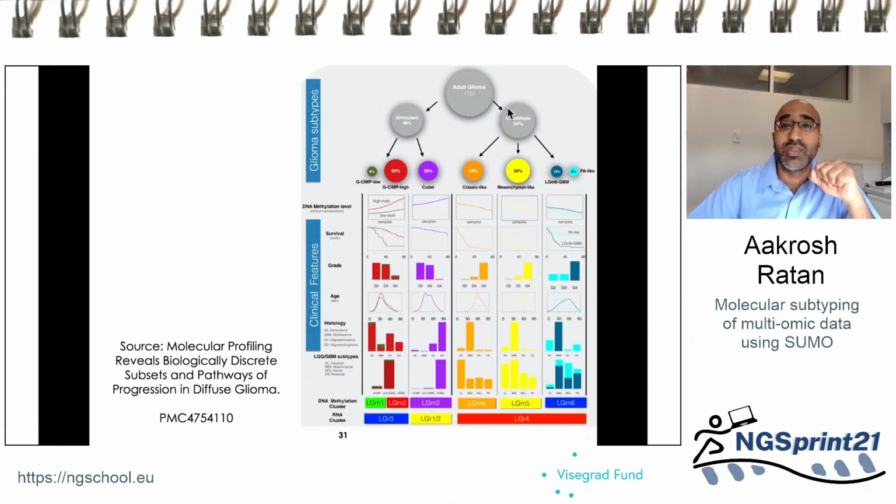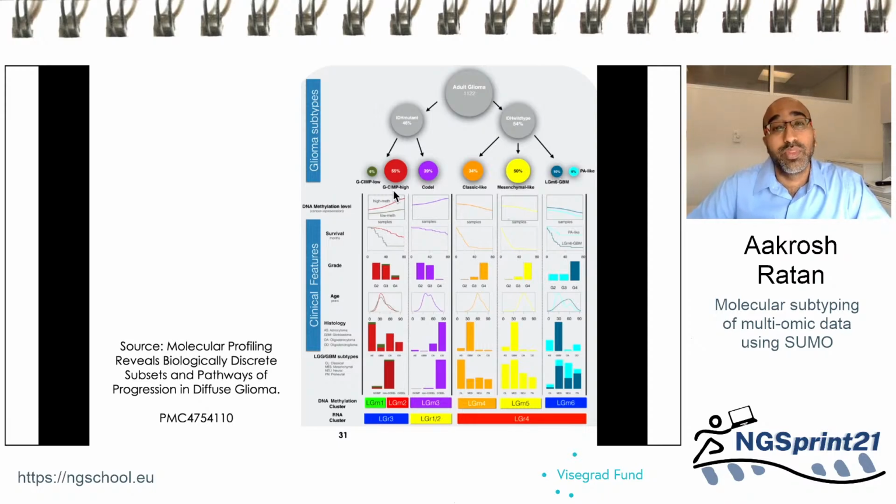So they partitioned the data into IDH wild type and IDH mutant. Then they did a combination of unsupervised and supervised clustering to identify 7 different clusters. 6 of them were for lower grade gliomas and grade 4 gliomas, and 1 cluster was specific for grade 4 gliomas.